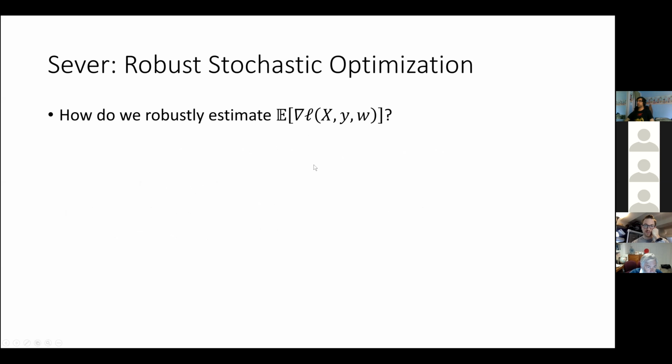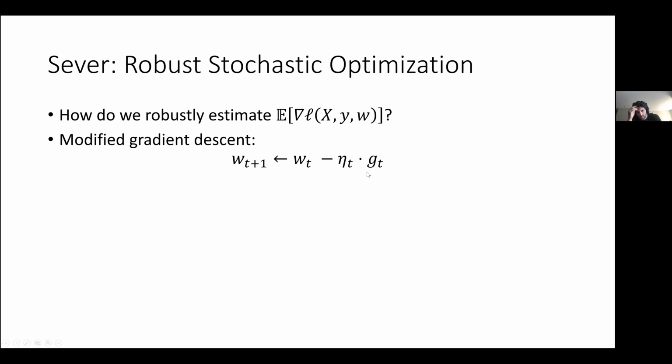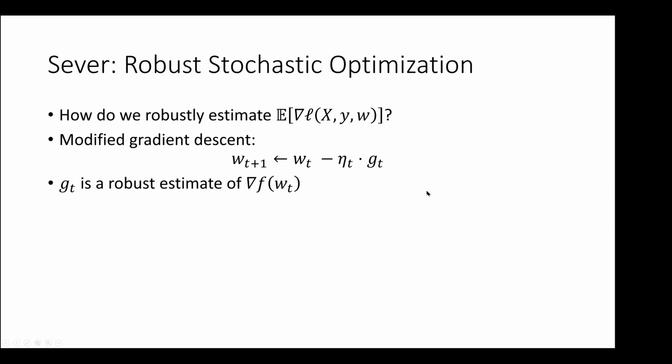We can robustly estimate the gradient using a modified form of gradient descent. This is the exact same type of update rule as before: we take the previous iterate and make a step based on some learning rate times g_t, where this time g_t is a robust estimate of the true gradient of the function.